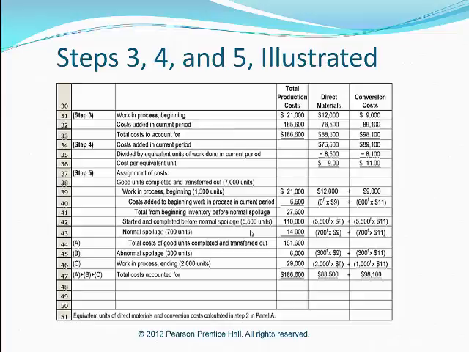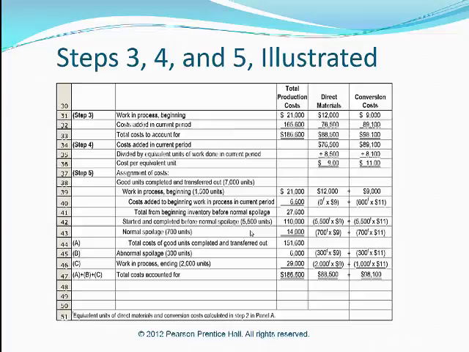Next, we've got normal spoilage. We've got normal spoilage of 700 units. Again, if you were to go back to step 1, we calculated out the fact that we had 1,000 total units, and that this particular company, management expects 10% in normal spoilage. So it's an expectation, it's okay, it's within their parameters. So for each 100 units that were good, we would expect 10 additional units that would be spoiled.